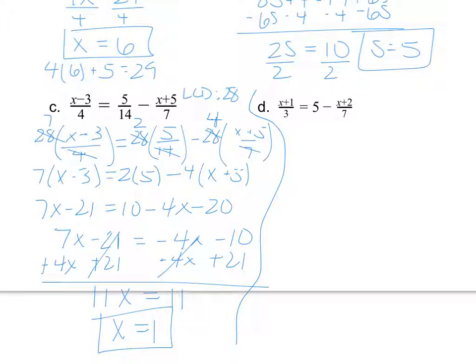And then we'll wrap it up with D here. This is times 21. So 3 goes into 21 7 times. 5 times 21 is 105. And 7 goes into 21 3 times. Distribute.